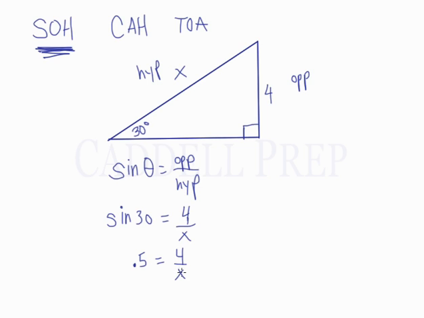Okay, to get rid of the x, this is 4 divided by x, so let's multiply both sides by x. So I'll just continue this up here. 0.5x equals 4. These x's cancel. Okay, now divide by 0.5.